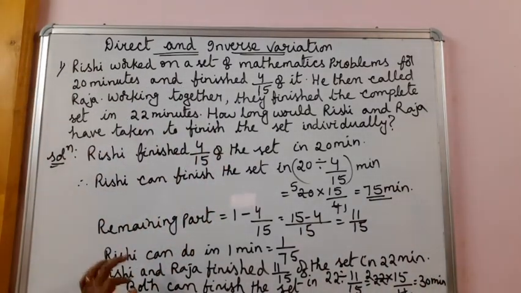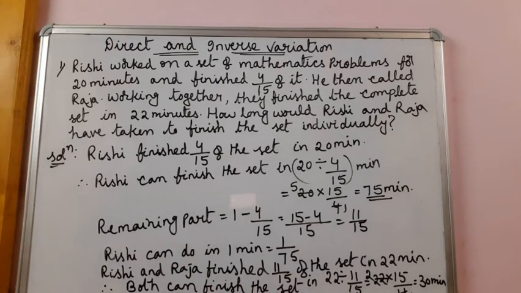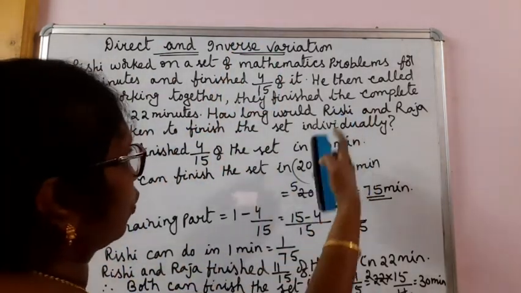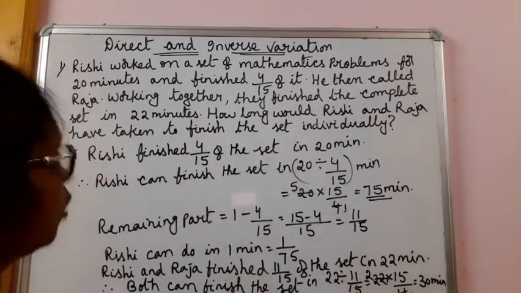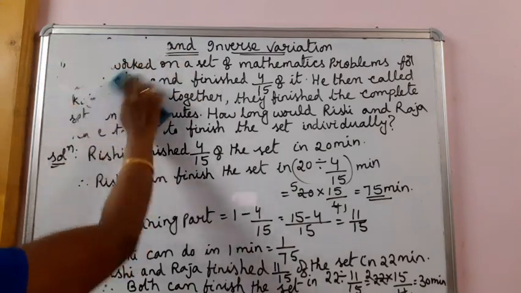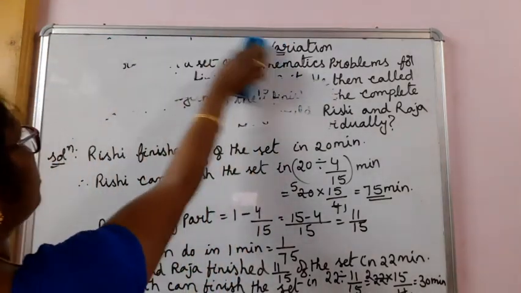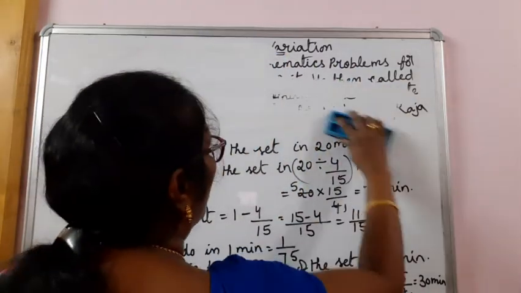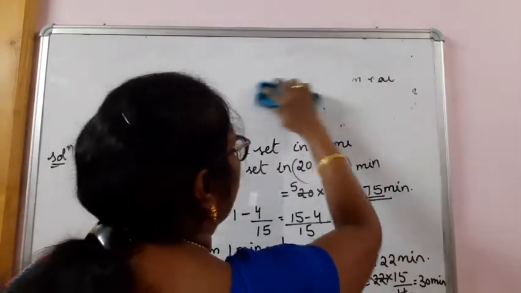That means both can do in 1 minute 1 by 30 of the part. Here we already got the first part. Second, we have to find how much time Raza takes to complete the set if he does it alone. So both together would have finished in 30 minutes.